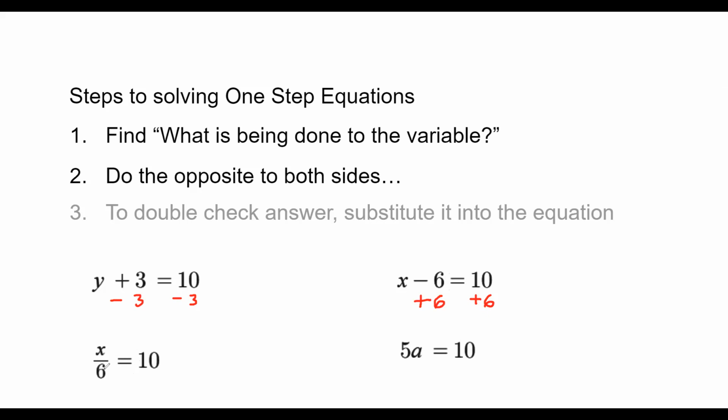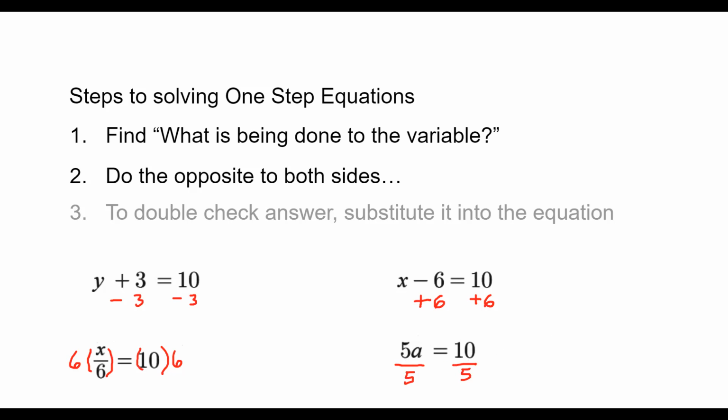The opposite of division is multiplication, so we should multiply both sides by 6. And finally, in this last example, A is the variable. It's being multiplied by 5, so we should divide both sides by 5 because division is the opposite of multiplication.